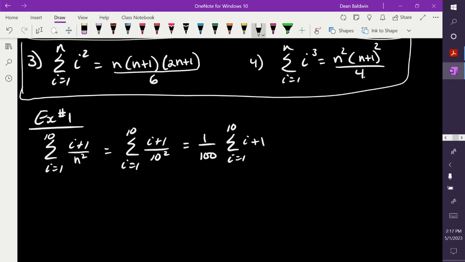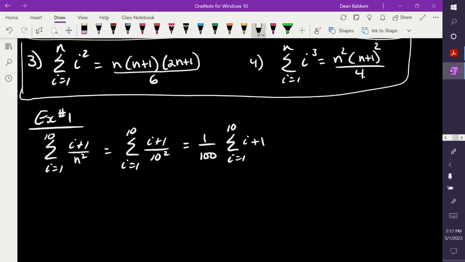There we go. Now, your job when you get a question like this, once you've pulled the constants out, is to rewrite what's left using one of our 4 formulas.